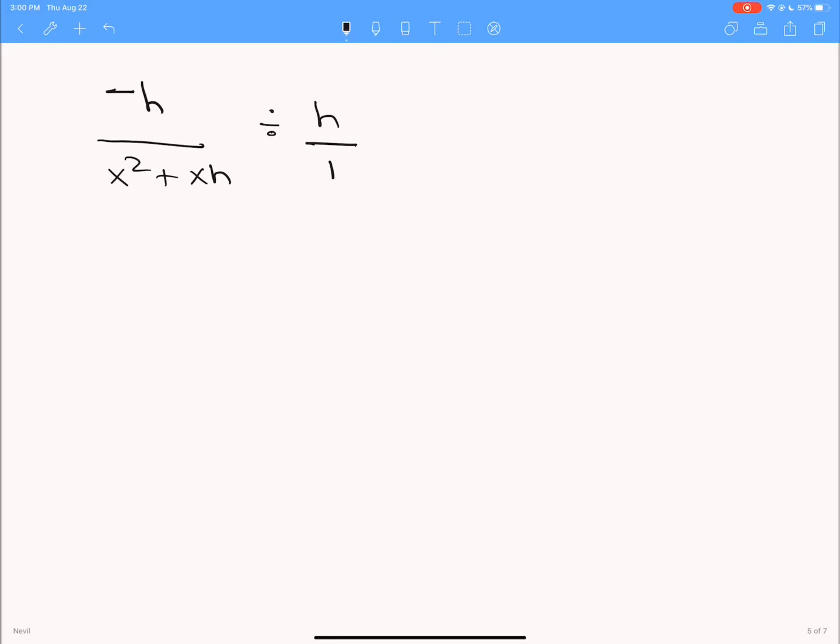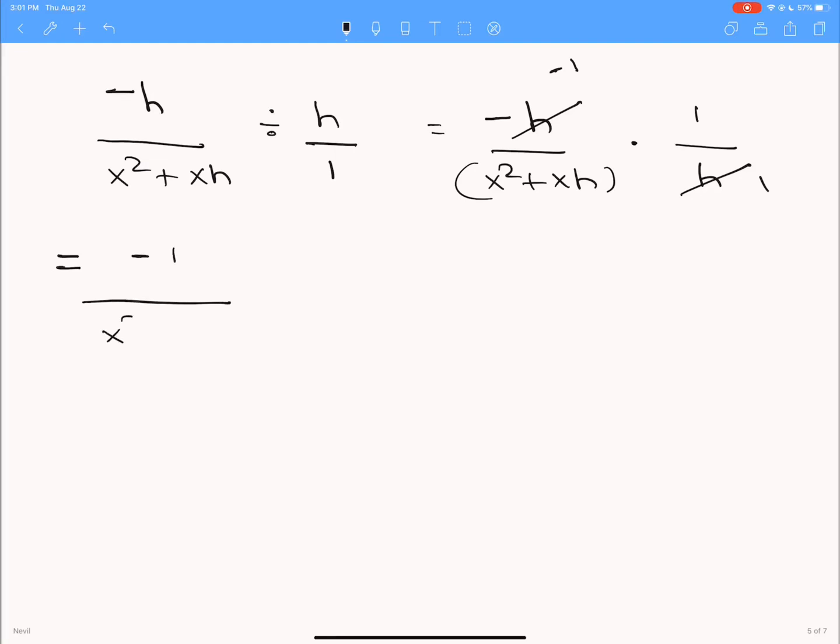So I can rewrite this as negative h divided by x squared plus xh, multiplied by 1 divided by h. Since you're not adding or subtracting the terms on the top or the bottom, you are able to cancel the like terms h and h. The only thing you have to be careful about is that this is a negative h, so that gives you negative 1, and this is positive 1. So you're remaining with negative 1 times 1, which is negative 1, divided by x squared plus xh.